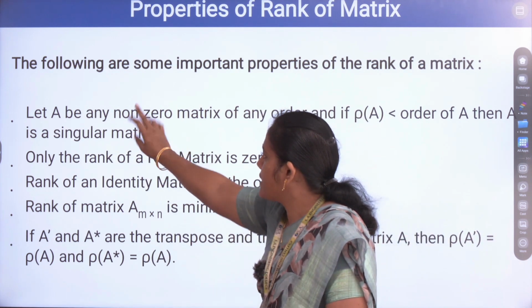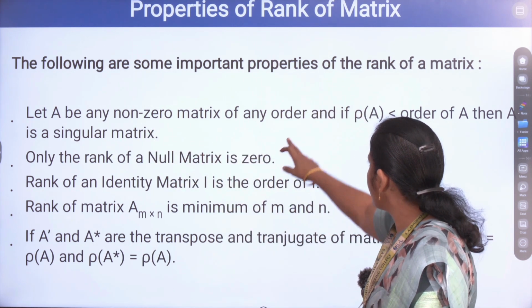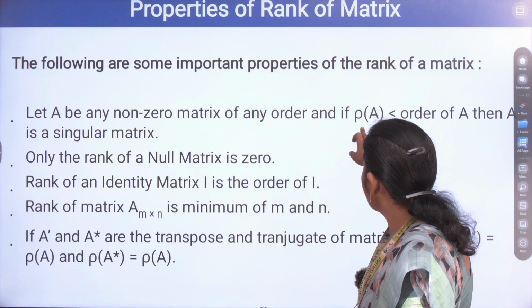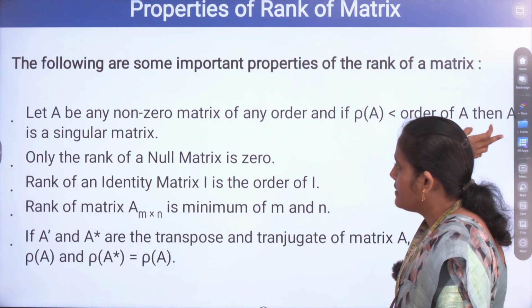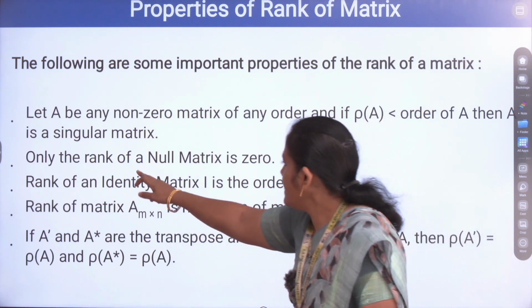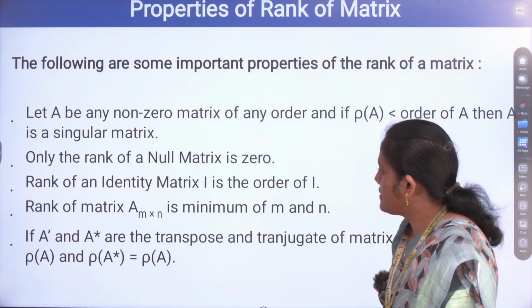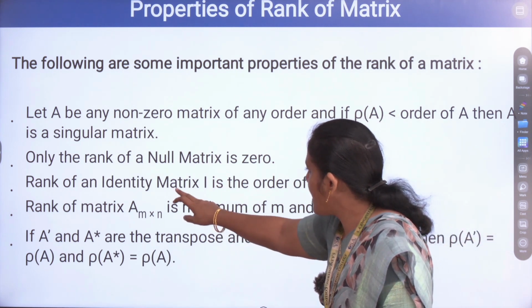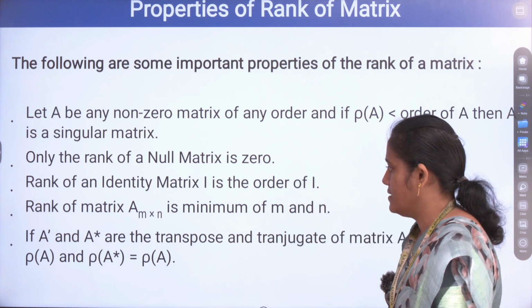The first property: A is any non-zero matrix of any order, and if ρ(A) is less than the order of A, then A is a singular matrix. Only the rank of a null matrix is 0. The next one is the rank of an identity matrix is equal to its order.